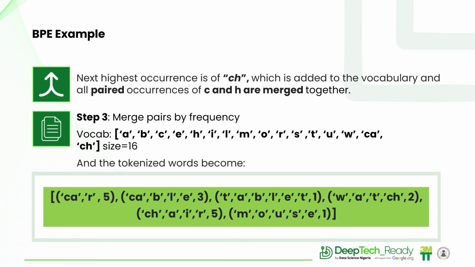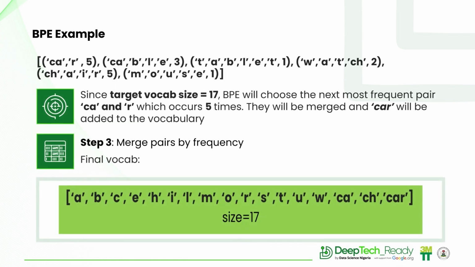Since our target vocabulary size is 17, the byte pair encoding method will choose the next most frequent pair. And if you look carefully, the next most frequent pair is CA and R. Remember, CA is now an individual token. If you count carefully from the 16 tokens we have previously, CA and R is the next most frequent pair, and it occurs 5 times here.